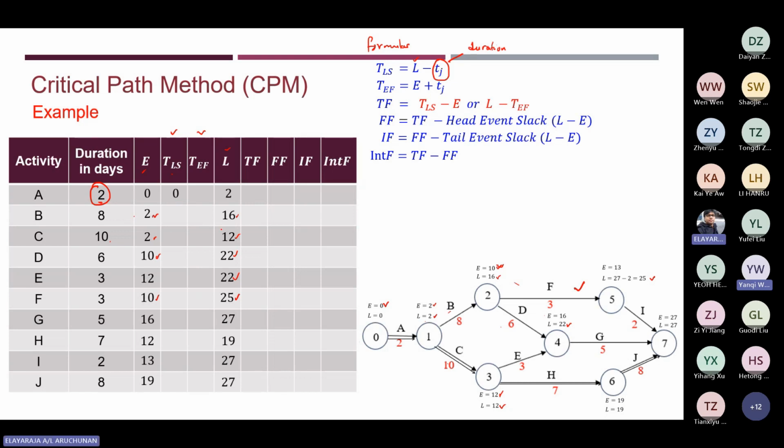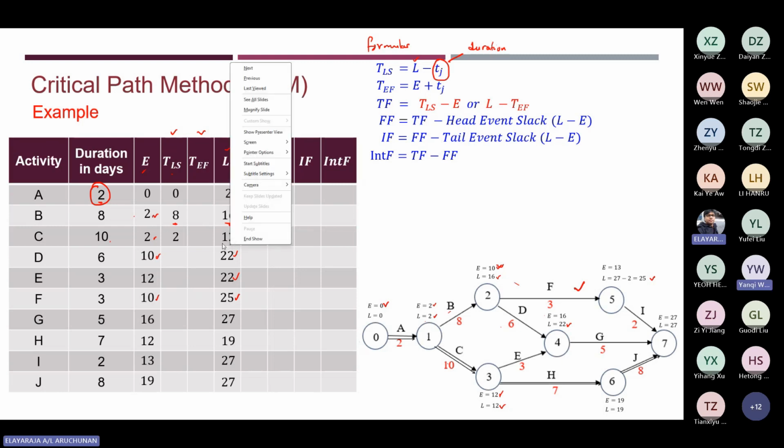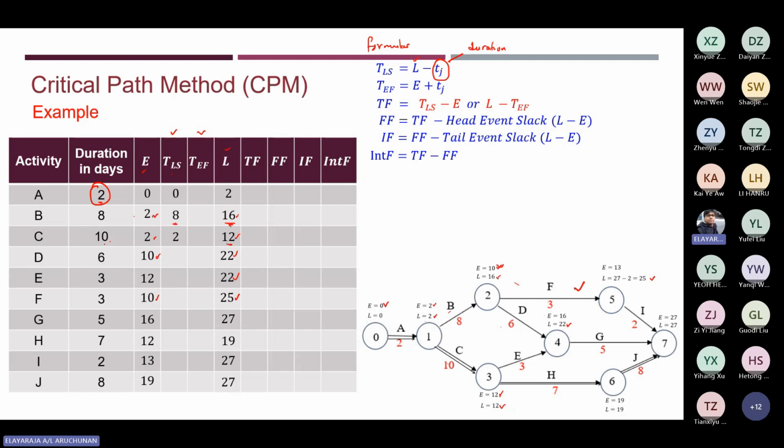Now again, take activity B: the latest finishing time is 16 minus 8, so you get 8. Again, take activity C: the latest finishing time is 12, and you subtract the duration, which is 10, so 12 minus 10 is 2.